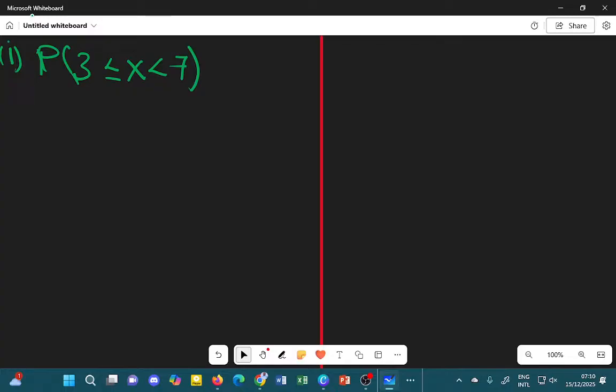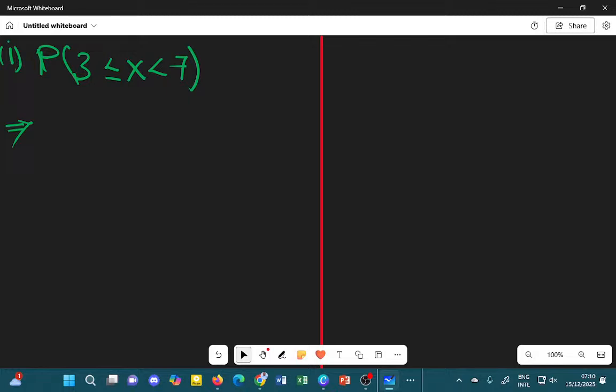For us to get that, we'll have to consider the following scenarios. We want the probability that X is 3 or greater than 3, so we'll be picking any point which is 3 and above.